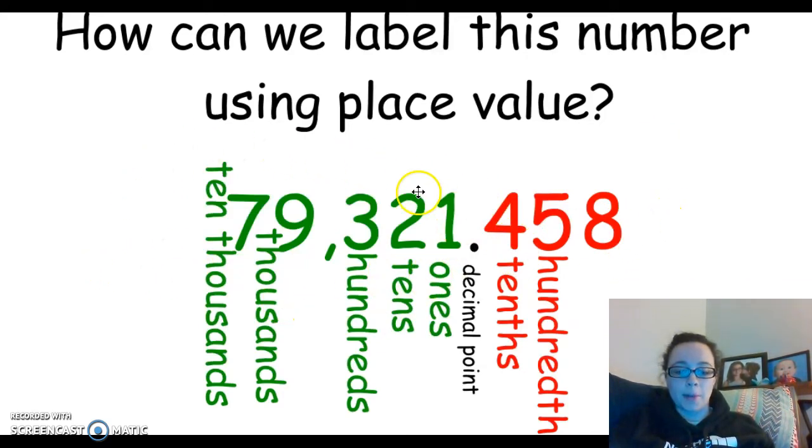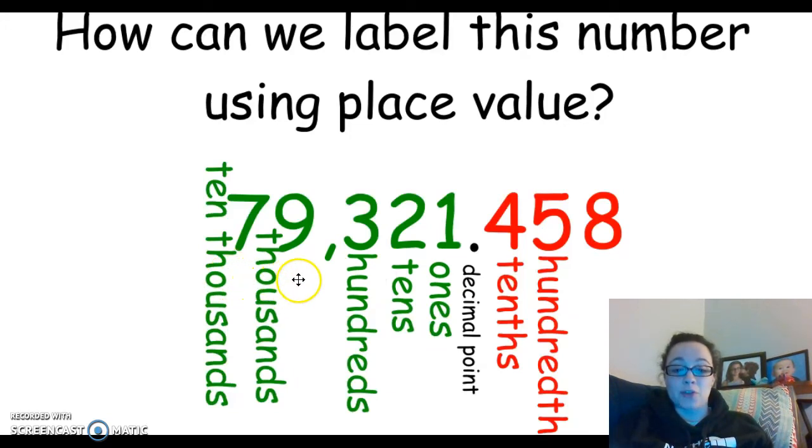Think about your green numbers. If you have 1, think $1. 2 tens, $20. 3 hundreds, $300. As we move from right to left, the size of our numbers grows.